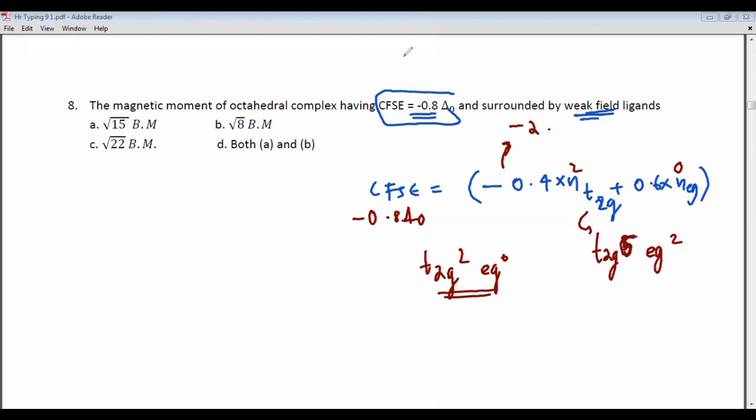No. Wait. If this is minus 2.4 and this is minus 1.8, then you obtain minus... No, that's wrong. That's wrong.